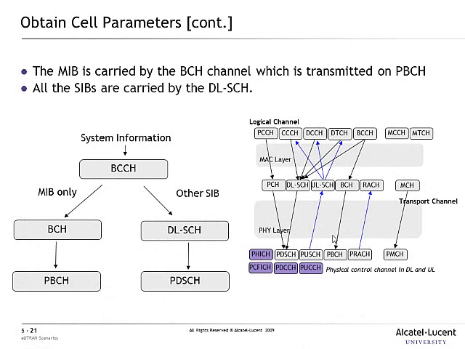Now this broadcast information, remember last week we looked at all the possible channels. If you look at this diagram here, you can see that the broadcast channel information can be transmitted on the PDCCH channel, downlink shared channel, and physical broadcast channel.